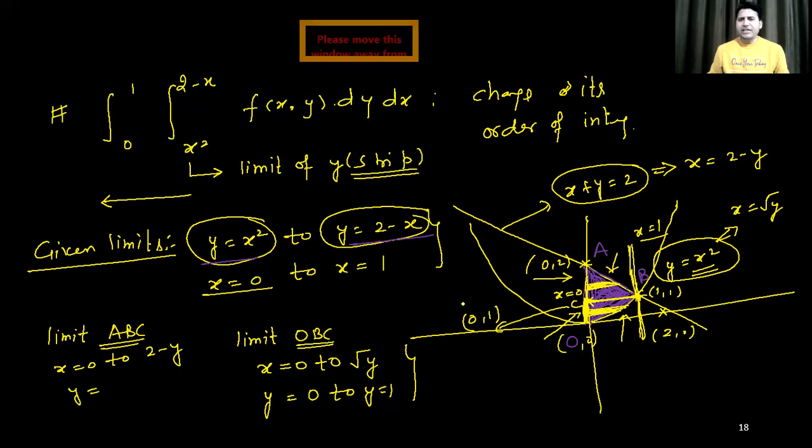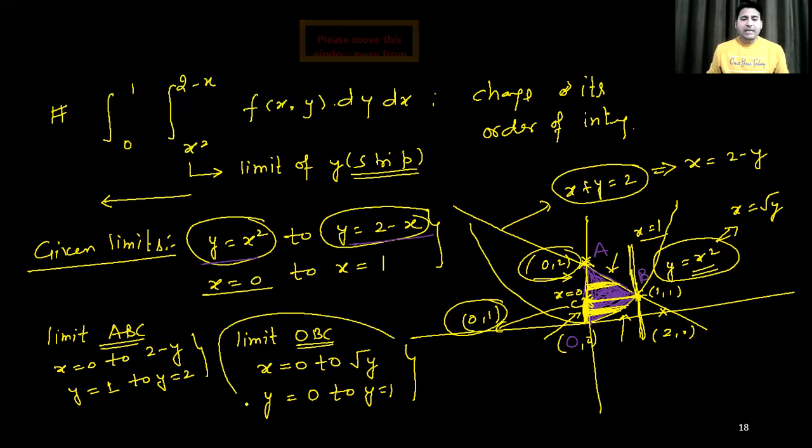Moreover, the variation of y will be C to A, that is from 0, 1 to 0, 2, that is y equals 1 to y equals 2. Means in order to change this order, I have to divide the region into two integrals, and this is how the limit of the integration is obtained.